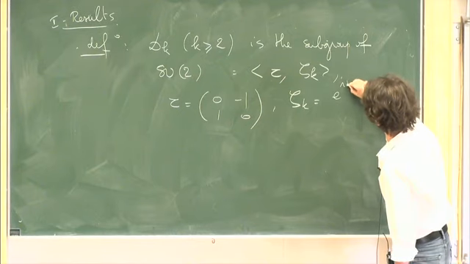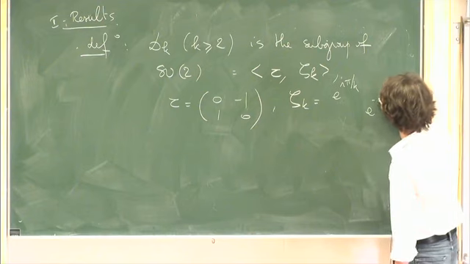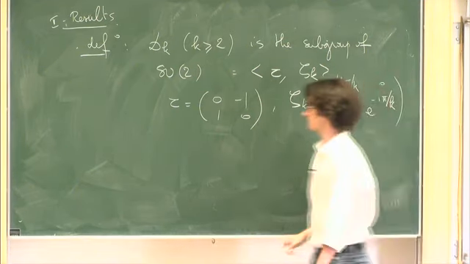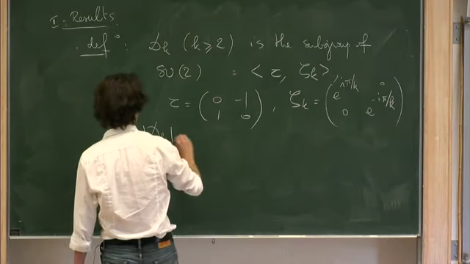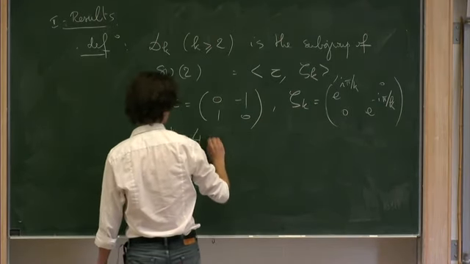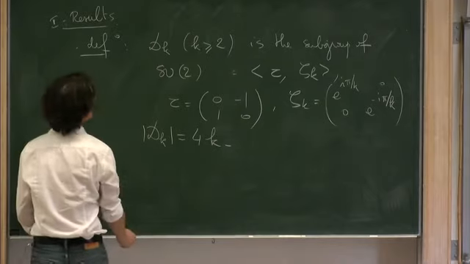So e to the i pi over k, e to the minus i pi over k. And with this convention, dk is always of order 4k, right?